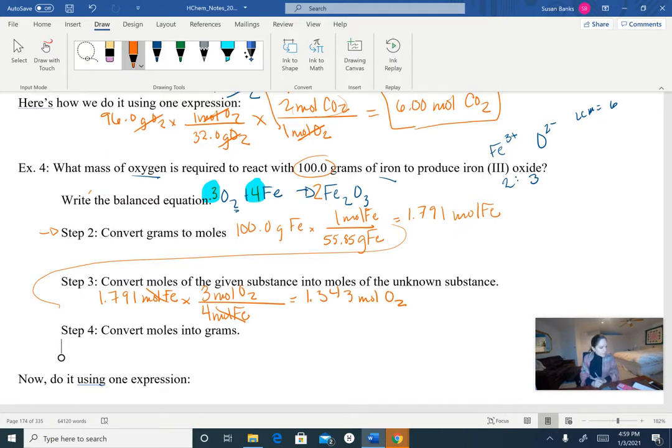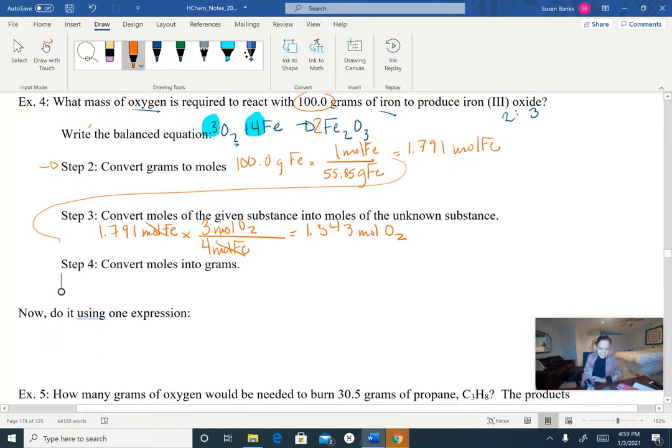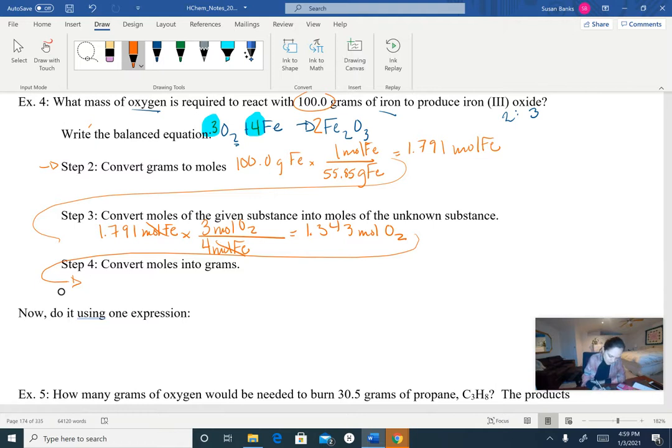Okay, so I'm not done. Now I need to take the moles of my unknown substance into grams. So I'm going to take my 1.343 moles of oxygen, and in 1 mole of oxygen, and remember oxygen's diatomic, I have 32 grams of oxygen.